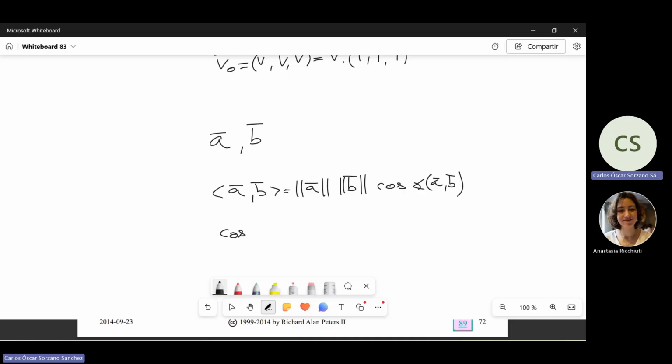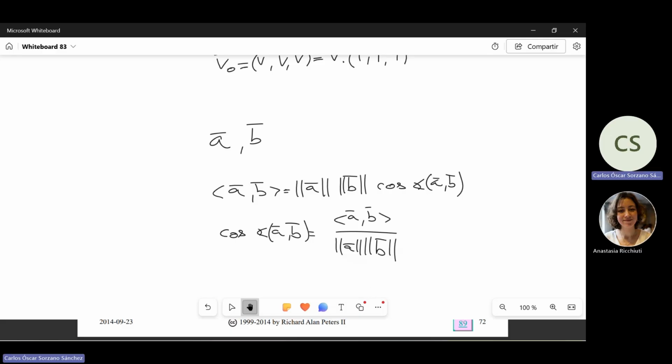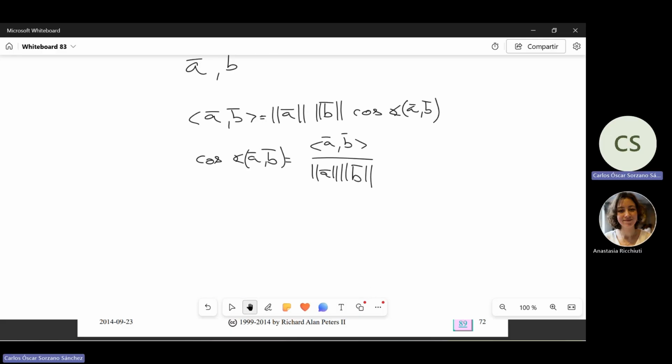The cosine is the inner product between the two divided by the product of the modules. Then this is the cosine of the angle. So the angle is the arc cosine, the angle whose cosine is this one.